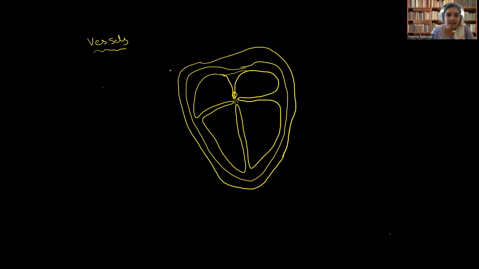So there is a vein which carries the deoxygenated blood from the upper parts of our body to the heart, which we call the superior vena cava. It drops the blood inside the right auricle. We know this is the right auricle, this is the right ventricle, this is the left auricle, and this is the left ventricle.